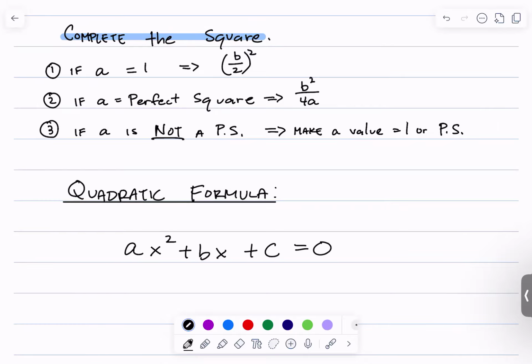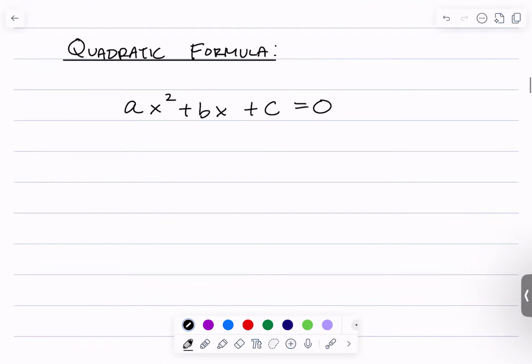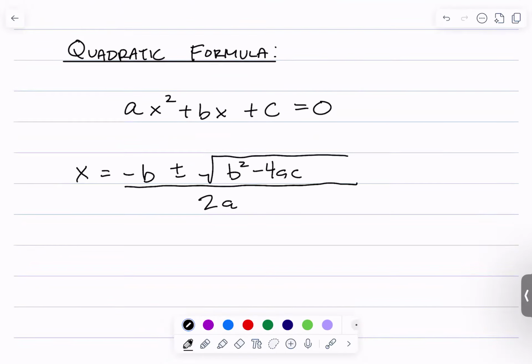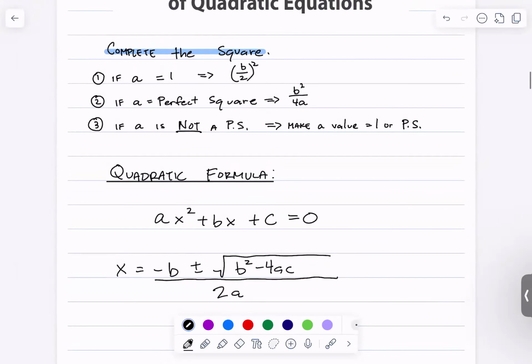So you have to make one side equal to 0 first. And then remember it's x equals negative b plus or minus the square root of b squared minus 4ac, all over 2a. So those are the ways that we're going to solve these.